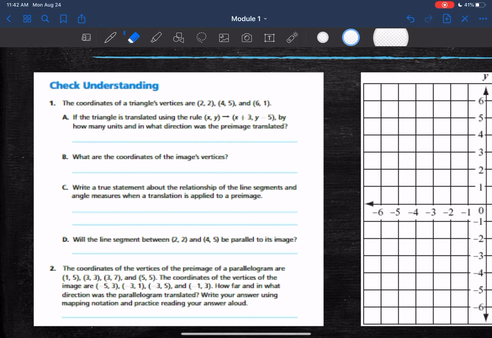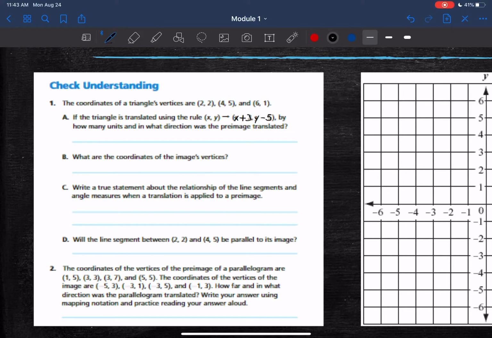All right, let's look at one more example here. The coordinates of a triangle's vertices are 2, 2, 4, 5, and 6, 1. If the triangle is translated using the rule x plus 3, y minus 5, by how many units and in what direction was the pre-image translated?